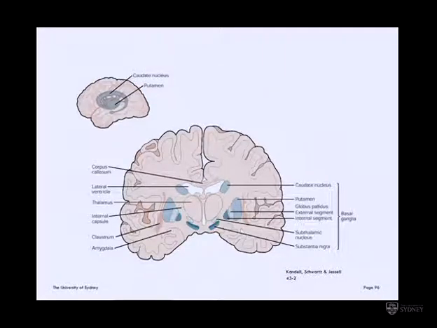All your sensory fibers going up to the cortex also pass through the internal capsule. So if you do have a stroke in the internal capsule, you'll have both sensory and motor loss on the contralateral side of the body. Okay, we'll talk about these crossing fibers shortly. So you'll have both sensory and motor loss on the contralateral side of the body.